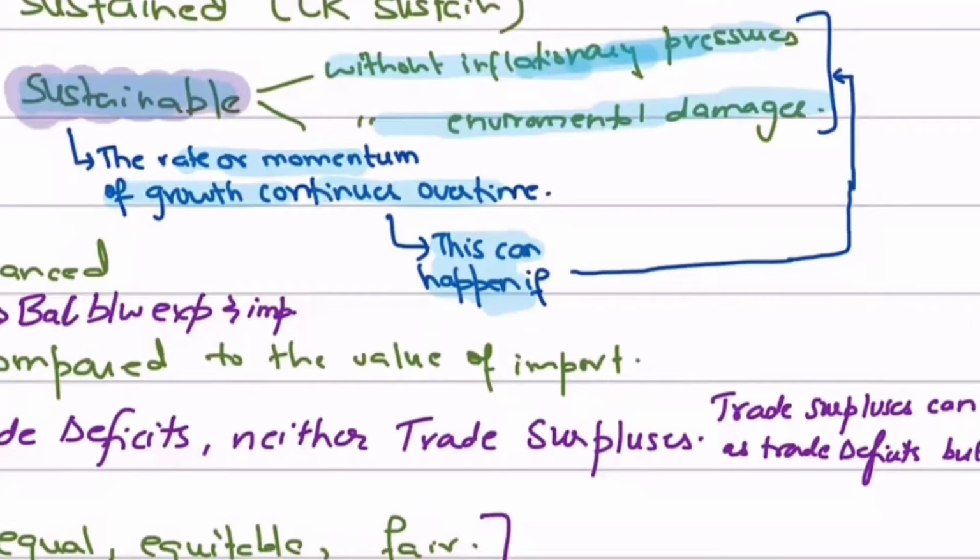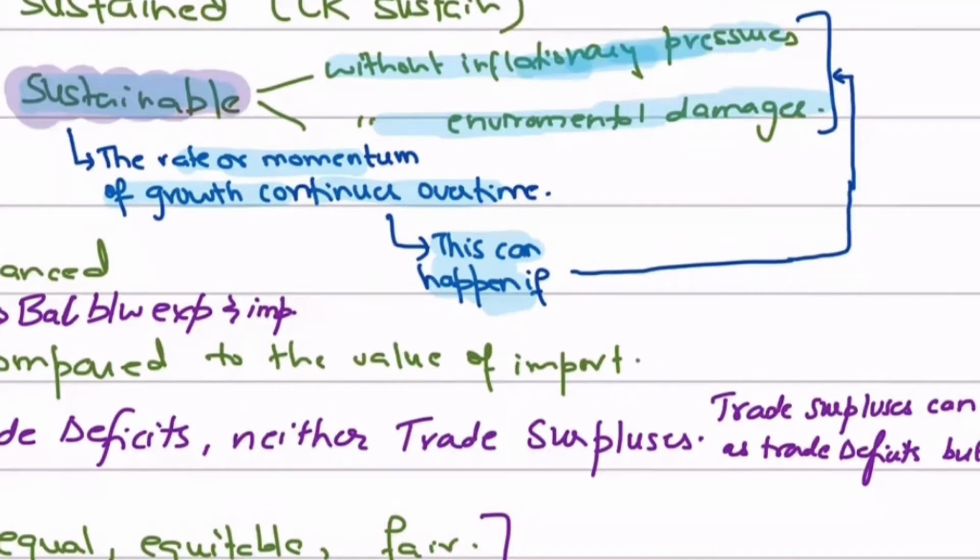So हम बात कर रहे थे about sustainability की, that sustainability is very important, and this is a very good evaluation point that you can make as well. So for example, if you're writing a question on the benefits of growth, or on the benefits of high GDP, or maybe indicating that the economy is doing well, a good evaluation could be that if the economic growth or the rise in GDP is not sustainable, right, then what's the point, right?